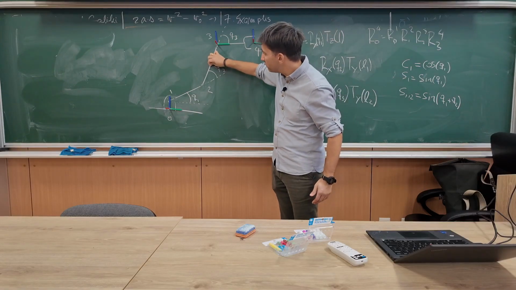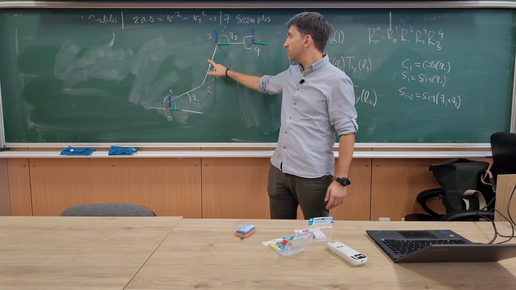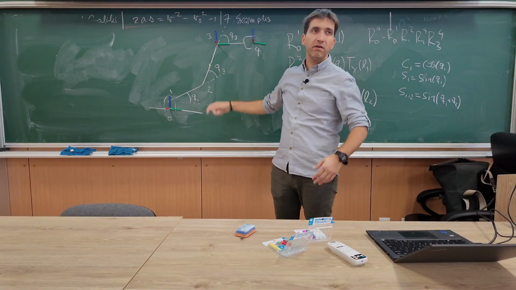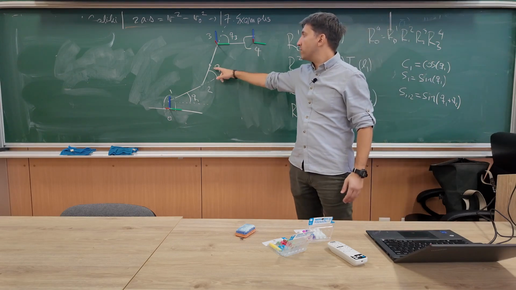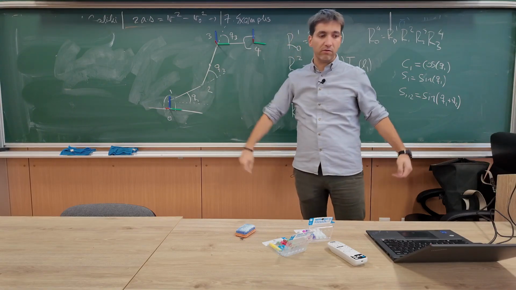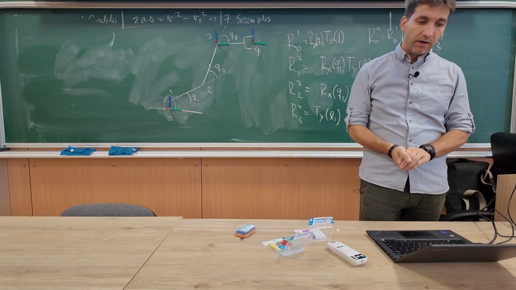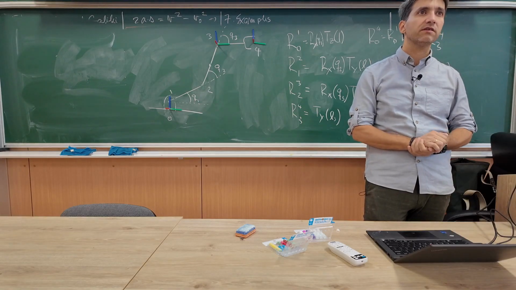I could have considered that my robot ends here. If for some reason I wanted to calculate the pose of this point, let's say for collision avoidance or for planning or whatever, then I could have calculated the pose of this point, not the end effector, right? Okay. Good. Any questions? Yes?